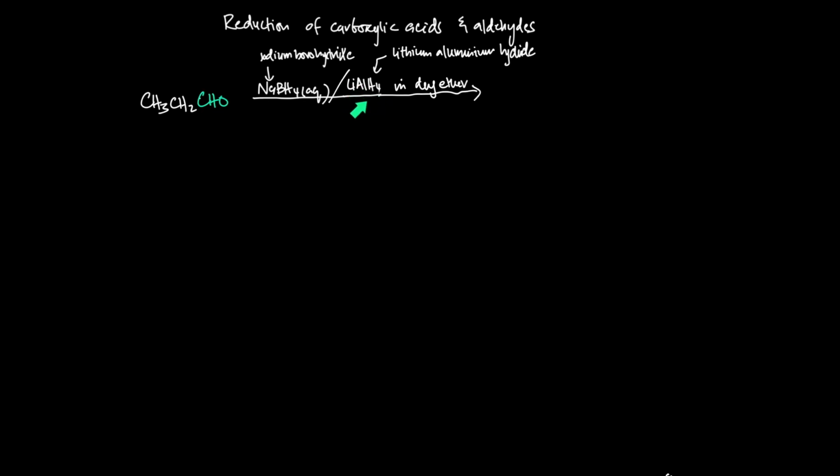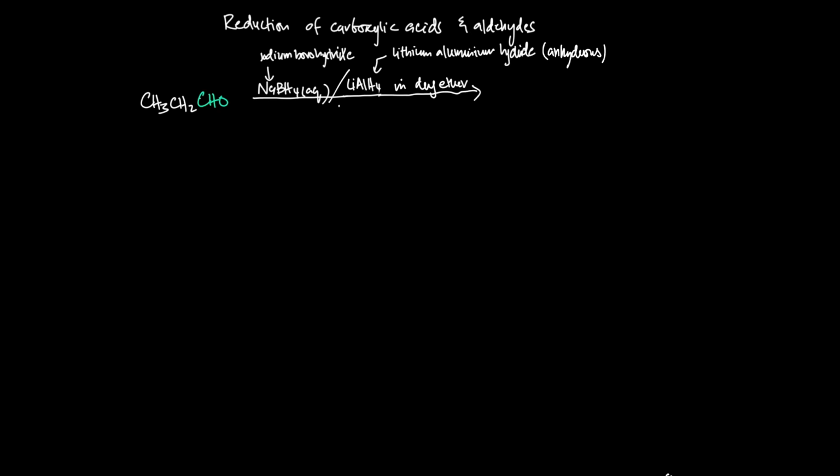So in order to reduce with this reducing agent, I have to use a solvent that has no water. That's what I mean by dry ether. It's a liquid solvent, but it doesn't have any moisture present. So sometimes you'll also see the term anhydrous lithium aluminum hydride. Anhydrous means in the absence of water.